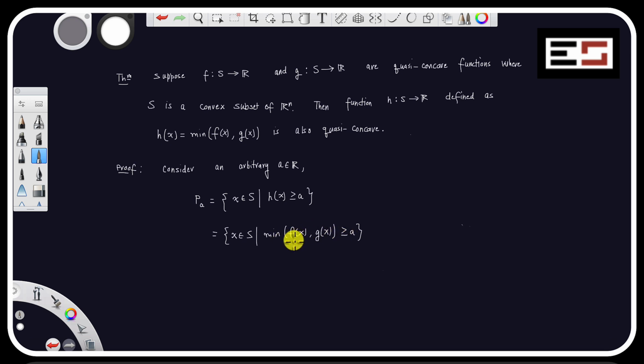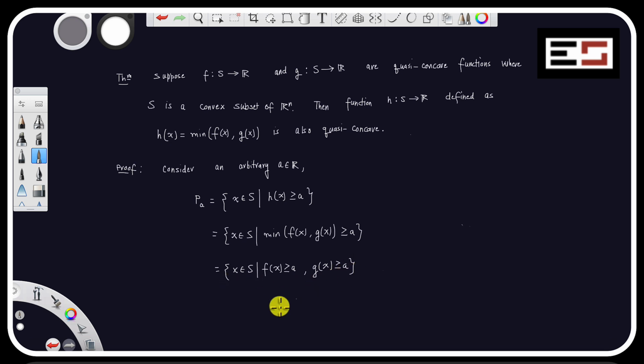When I say the smaller of the two is greater than or equal to a, that is equivalent to saying that both f(x) and g(x) are greater than or equal to a, because if the smaller of the two is greater than or equal to a, the other one will also be greater than or equal to a. So an equivalent way of writing this is x in S such that f(x) is greater than or equal to a and g(x) is greater than or equal to a.